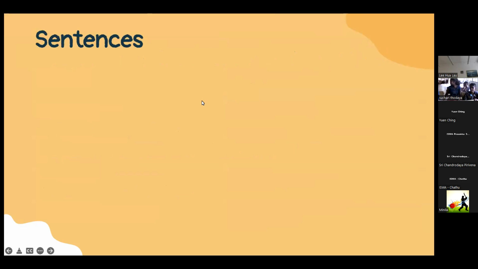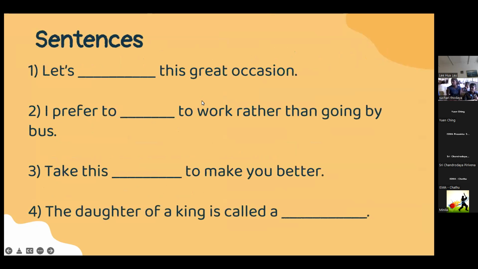Okay, let's go to the next. All right, first sentence. We need a word. Let's what this great occasion. It starts with a C to give you all a clue.